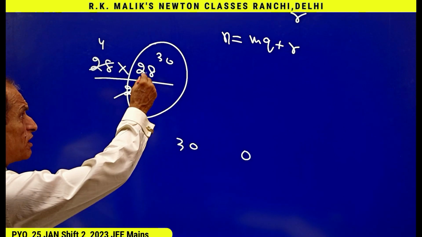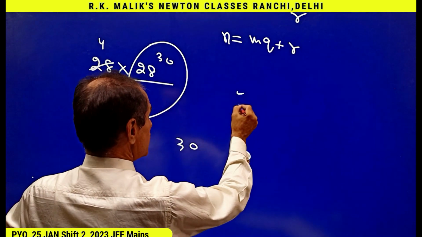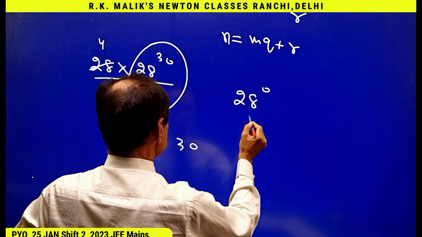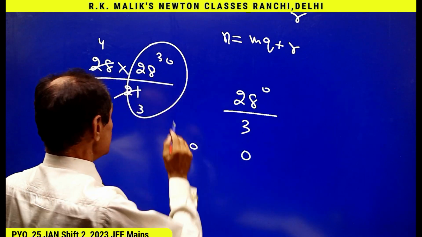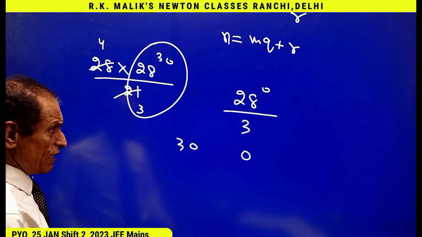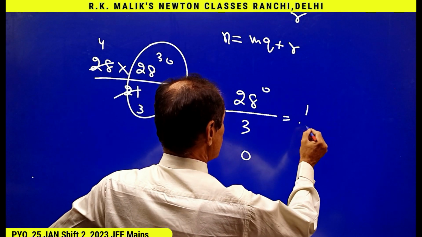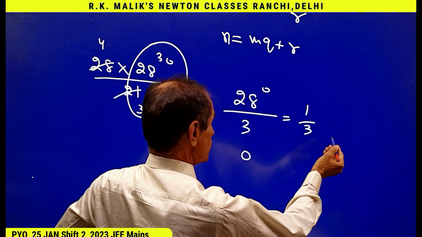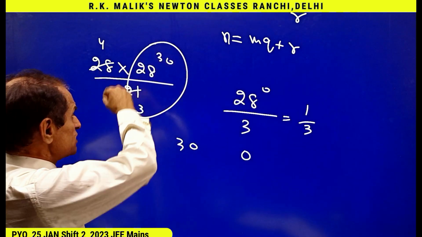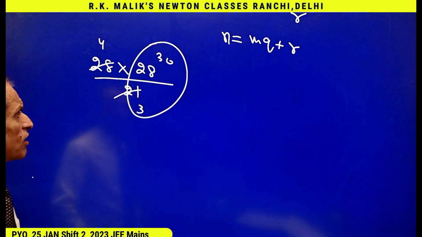Hence, the remainder in this case and the remainder in the case of 28 to the power 0 when divided by 3 will be the same, and because this is 1 by 3 and when 1 is divided by 3 the remainder is 1, hence the remainder in this case is also 1.